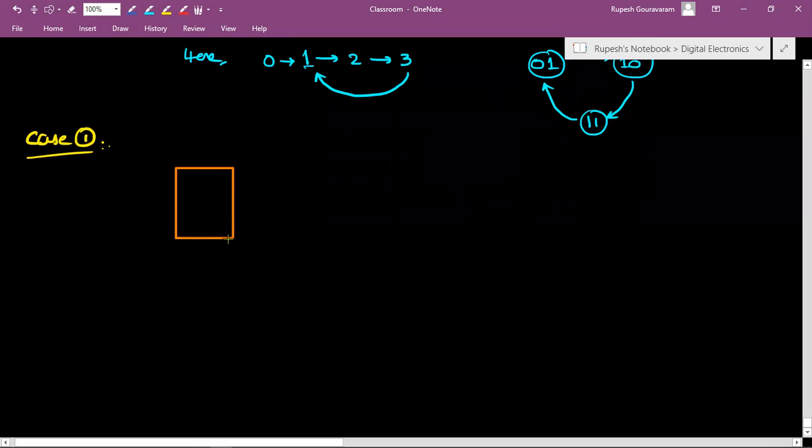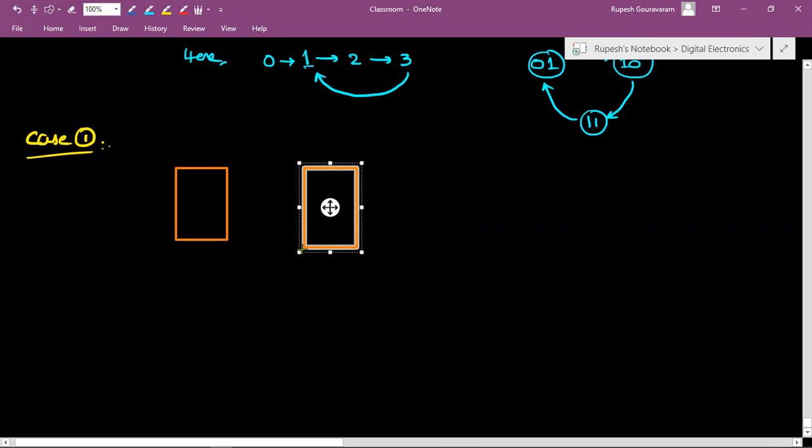One is this, second one is this. Both are D flip-flops. First one is D1, this is D2. The output of the first one is Q1. Here it will be Q2. And we supply the same clock to both of them. Suppose this is the clock.